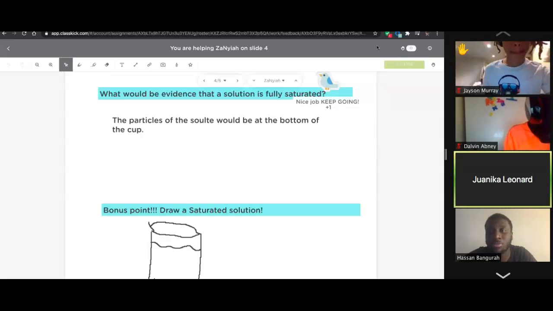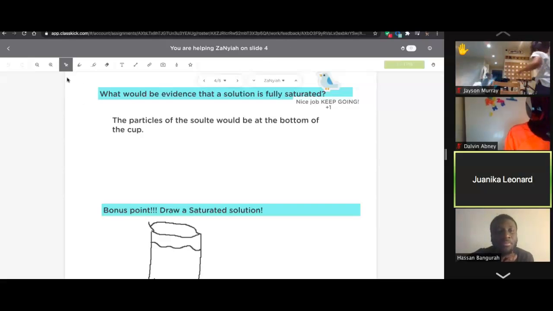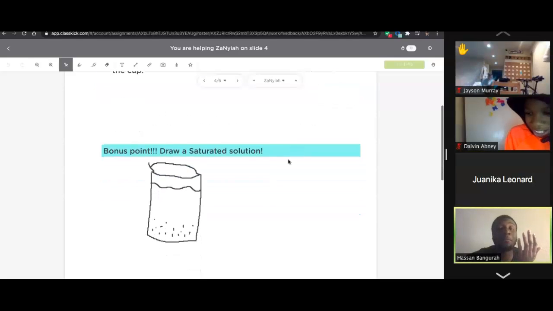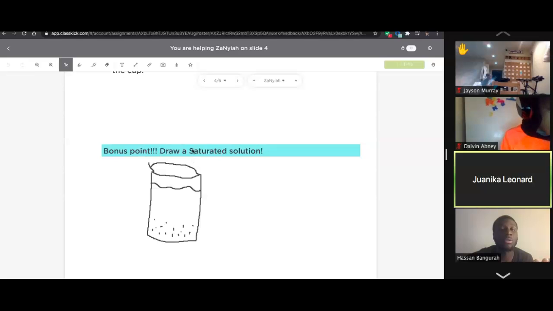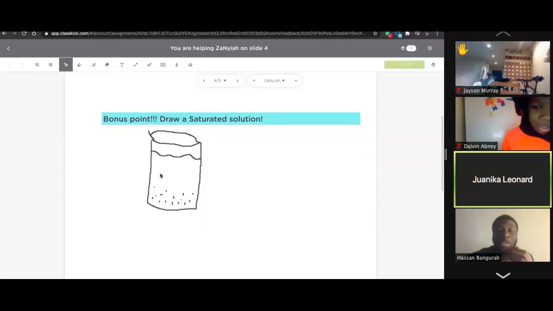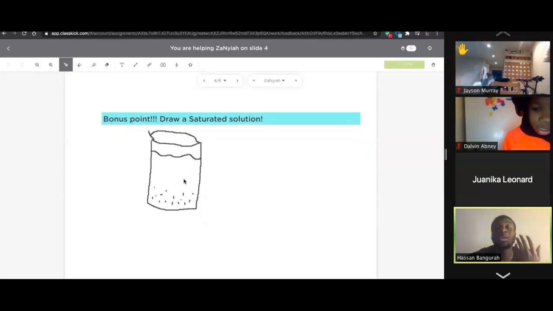Okay, so what I said was you can know when the particles are saturated because the particles are at the bottom of the glass. Great. The particles will be at the bottom. What did you draw? I drew a cup with water in it, and then I drew particles at the bottom of the glass. Yes, there are particles at the bottom of the glass.